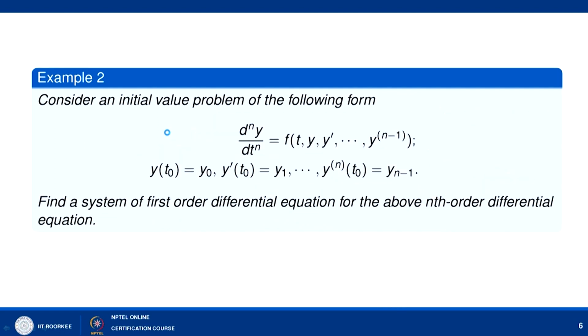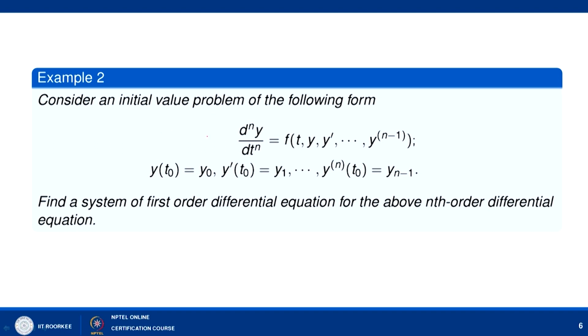Now, coming to example number 2, which is very important in the sense that it gives you the way that any differential equation of nth order can be reduced to a system of first order differential equations.